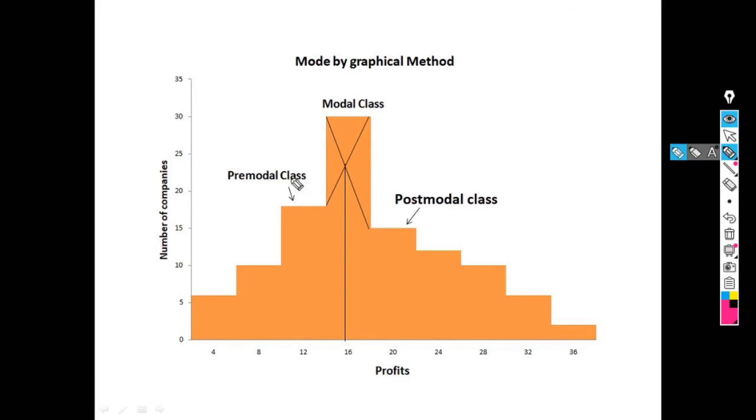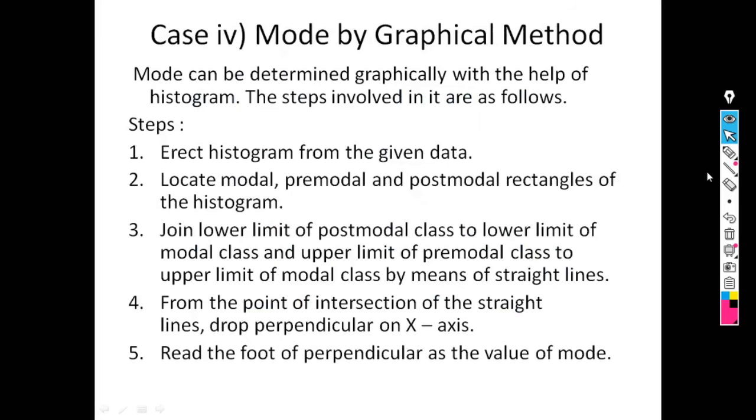Then pre-modal class means the class which is just before the modal class, so this is the pre-modal class, and post-modal class means the class which is just after the modal class. So this is the post-modal class. So second step is completed.